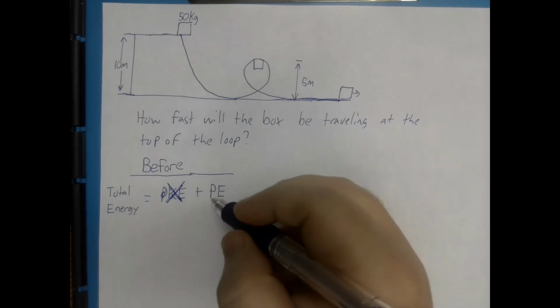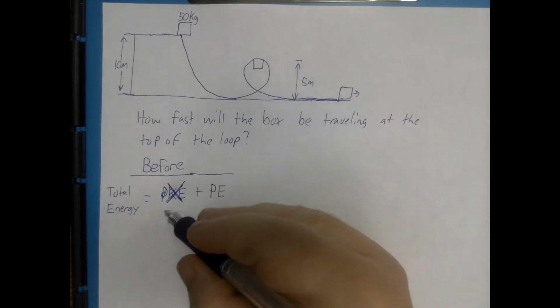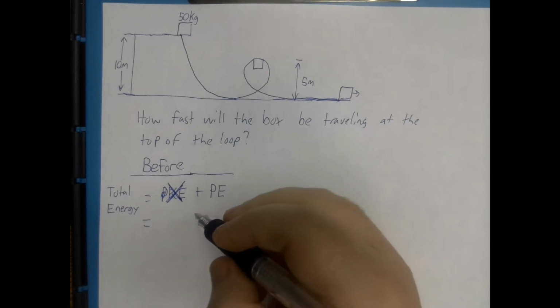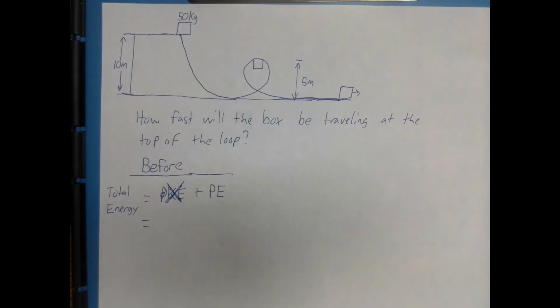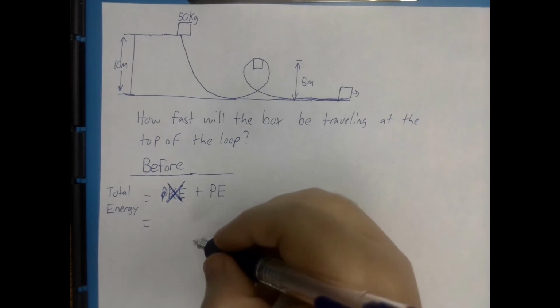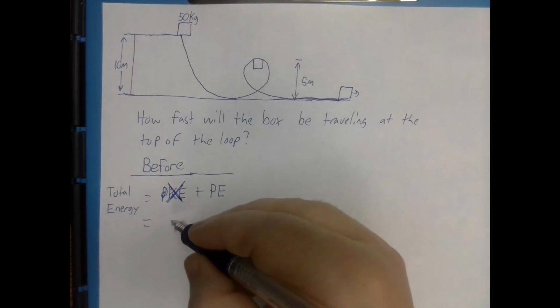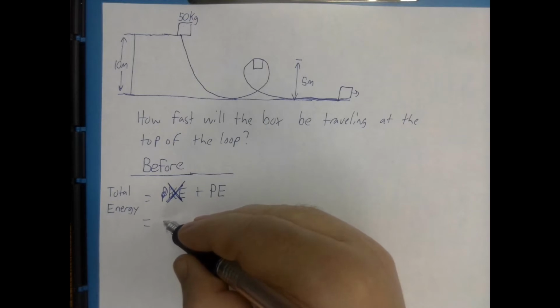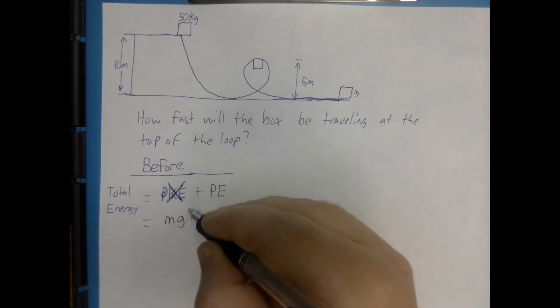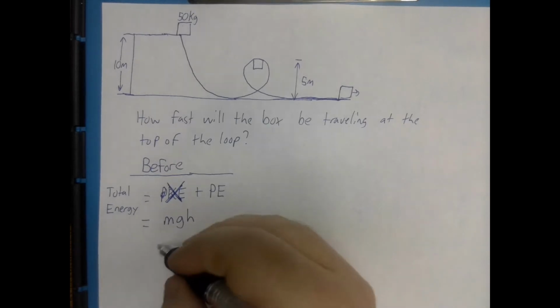So what's the equation for potential energy? And this would be due to gravity. And what's that equal to? Mass times acceleration times height.